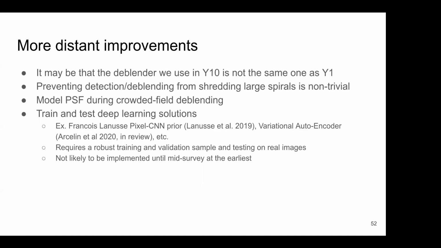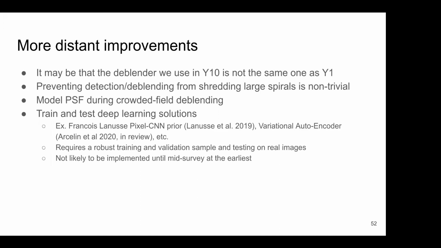We could potentially model the PSF during crowded field deblending. And we're looking at being able to train and test deep learning solutions, right? So this would potentially be something like Francois Lanusse's PixelCNN prior that I mentioned a few slides back, or something even more ambitious, like the variational auto-encoder deblending that Arsalan et al. have written up recently.